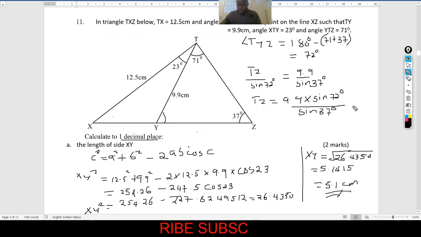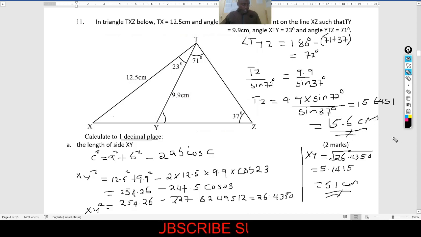You just press this in your calculator and you'll find 15.645. But you are asked for 1 decimal place. This 4 cannot change the 6, so it equals 15.6 centimeters.